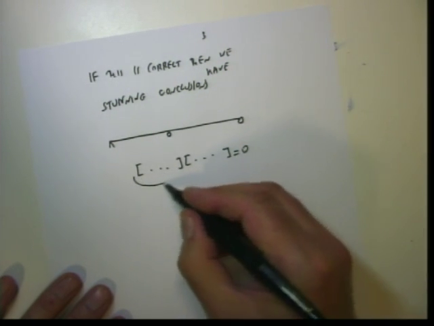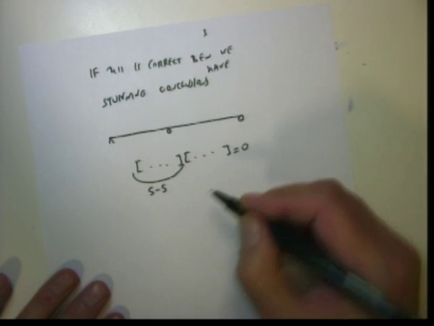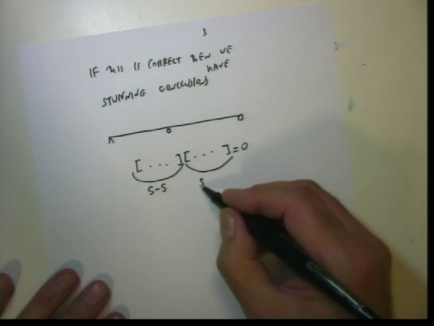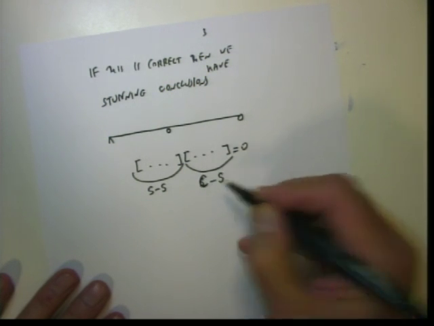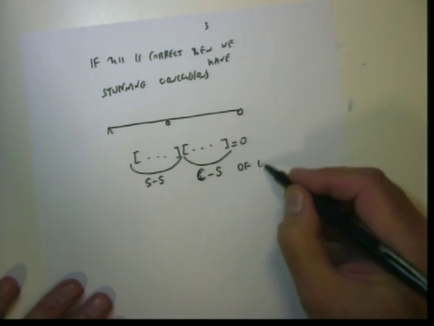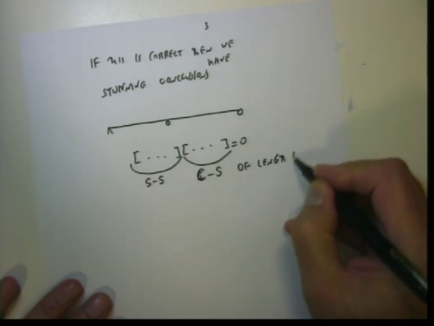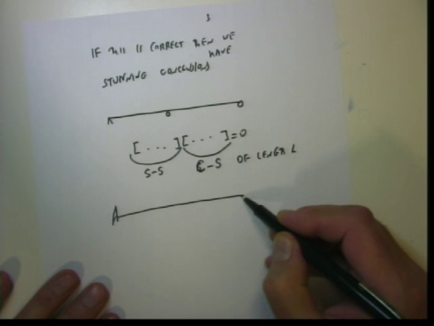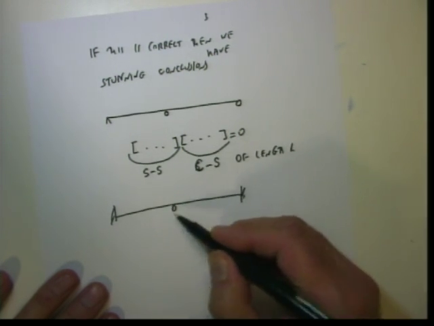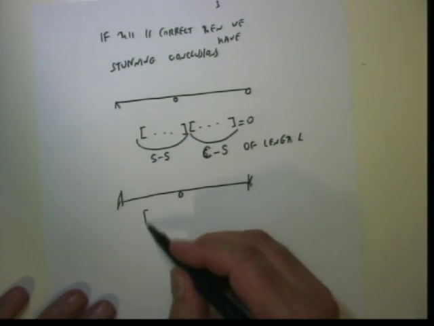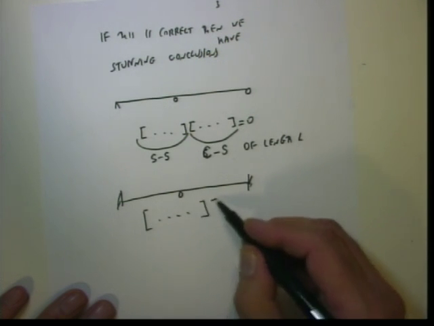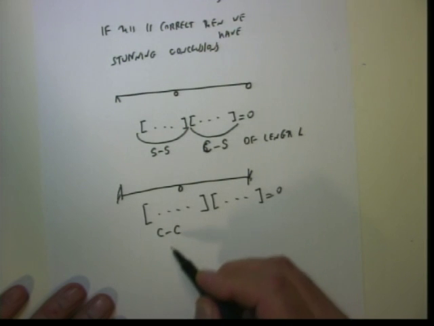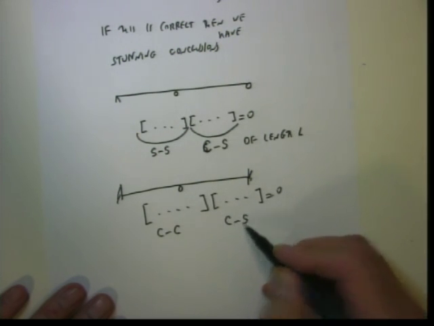This is connected with the simply supported single span beam. This is connected with the clamped simply supported beam of length L. Now here, if I have clamped, then I have also a product of two expressions. One is clamped, and the other is clamped simply supported.